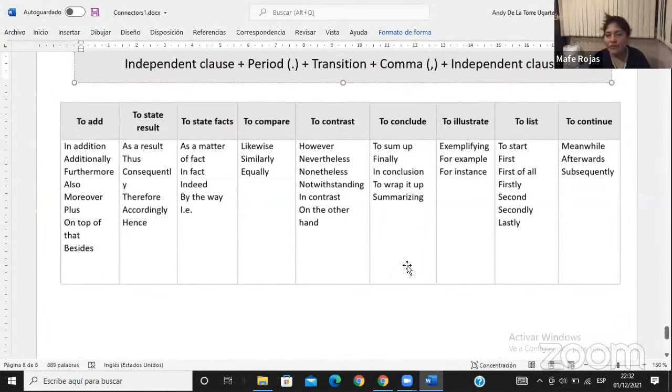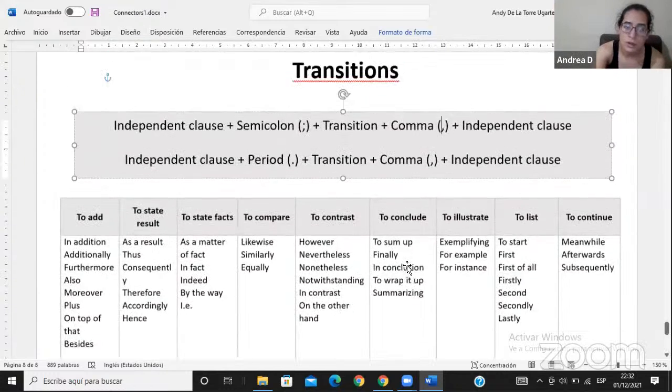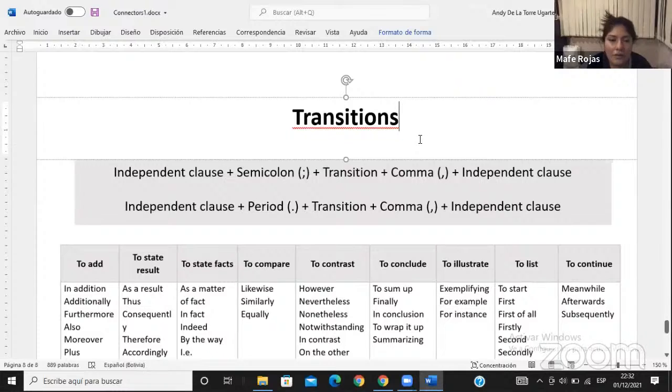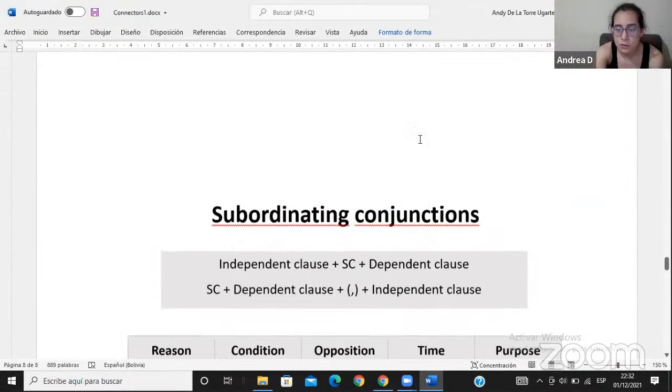With any type of connection words, we use a comma. I mean, with transitions. Only with transitions. With the other ones, we have different rules.